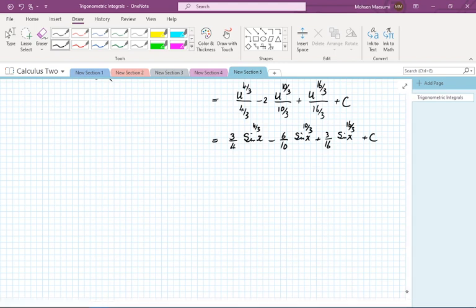Well, this is actually going to bring us to that most important integral of this whole category for basic engineering calculation, which is what is the integral of cosine squared of x dx, or what's the integral of sine squared of x dx. Why are these two integrals so important?